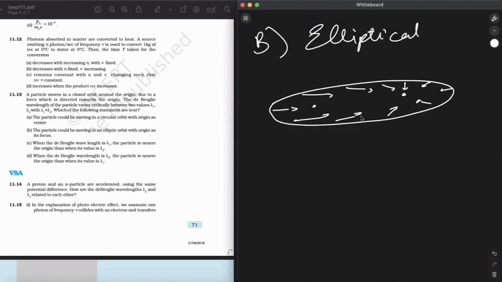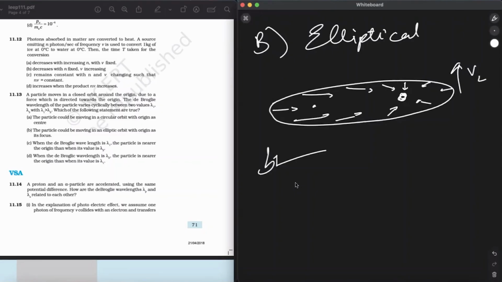Now, option B. Since lambda 1 and lambda 2 are different, if I say that this point is near to it and here the velocity is V2, then V2 shall be greater than V1, and due to that reason, lambda 1 can be greater than lambda 2. All right, so option B is correct.